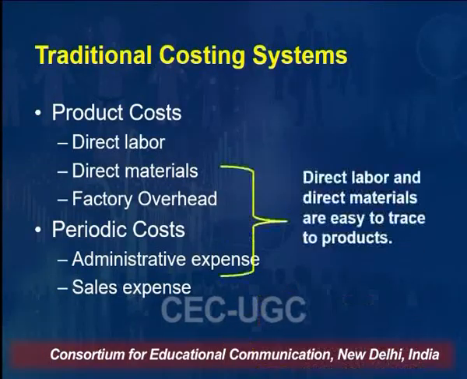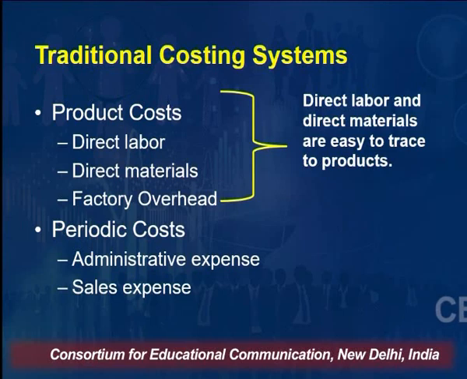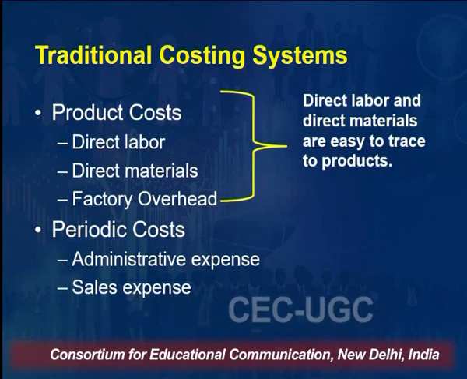So in the traditional costing system, when we talk about product cost and periodic cost, there was no problem at all with regard to direct labor and direct material. They were easy to trace to products because they were directly linked to a particular product about which we are talking, and since they belonged to a specific product, it was very easy to trace and allocate them because their nature was direct, that is direct labor and direct material.